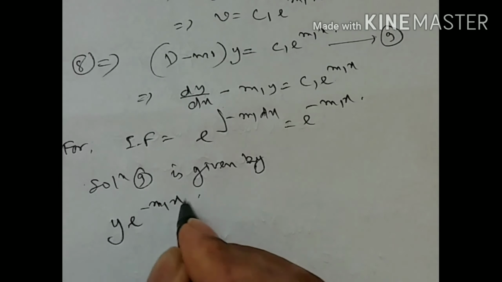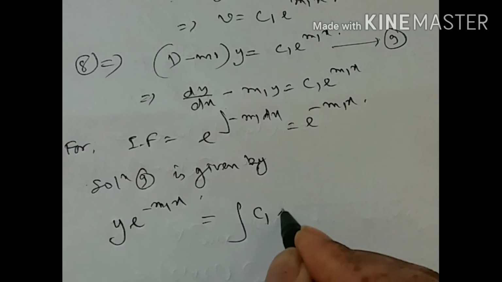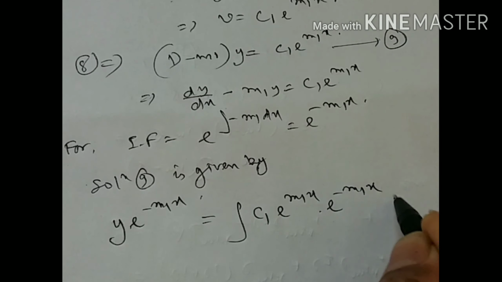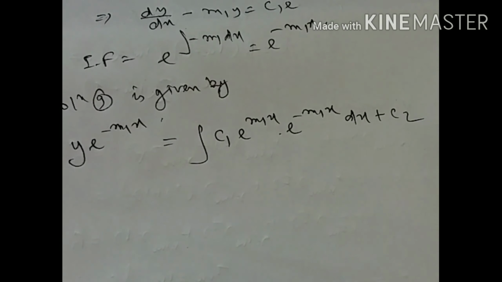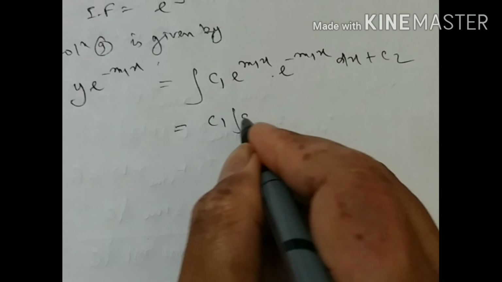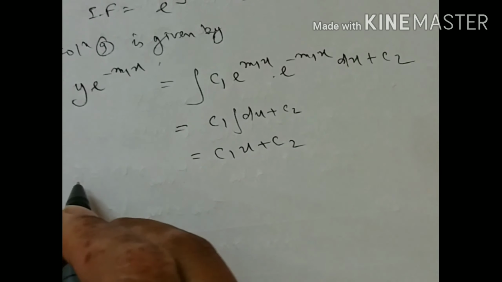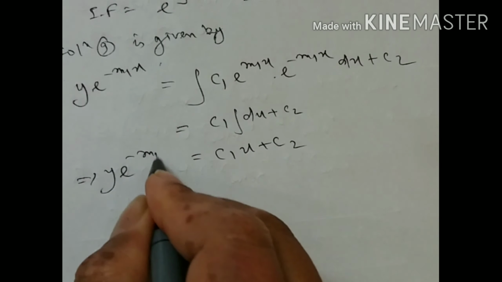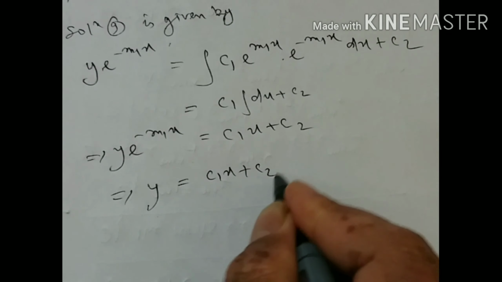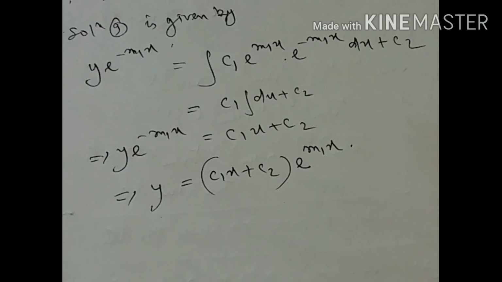because it is linear in y, the left hand side is y into the integrating factor, and the right hand side is the integral of e to the power m1x into the integrating factor e to the power minus m1x dx plus c2. Ultimately these two cancel and become 1, so c1 dx plus c2, that is c1x plus c2. This is the value of y e to the power minus m1x. From this, y equals (c1x plus c2) e to the power m1x.